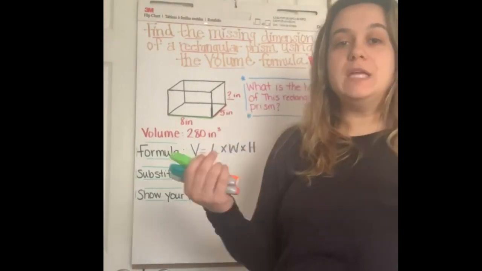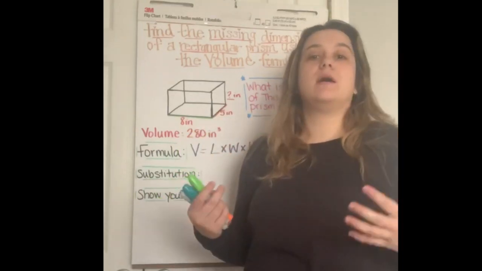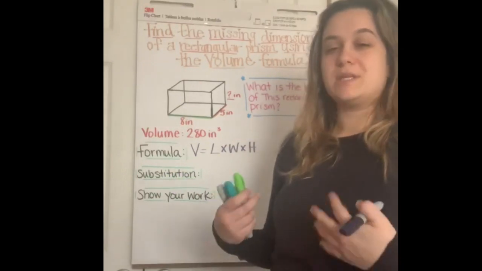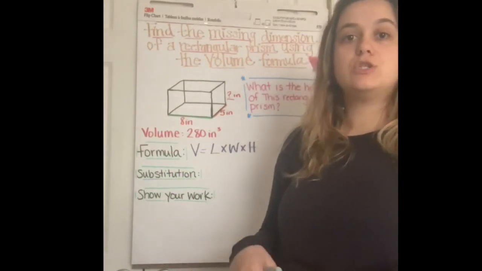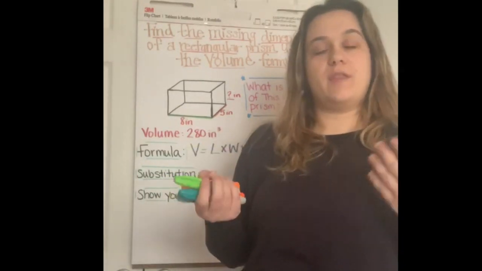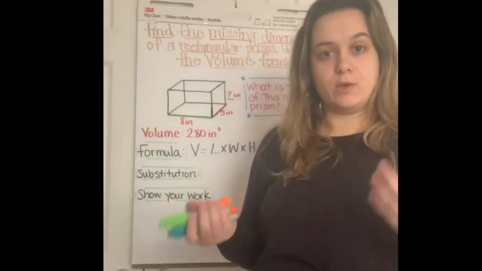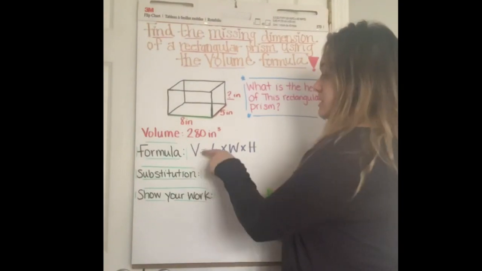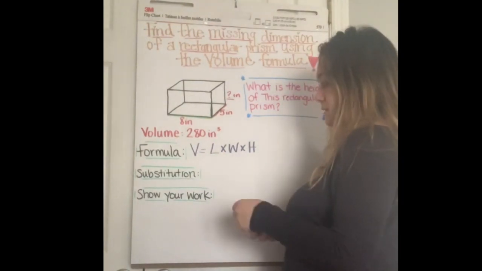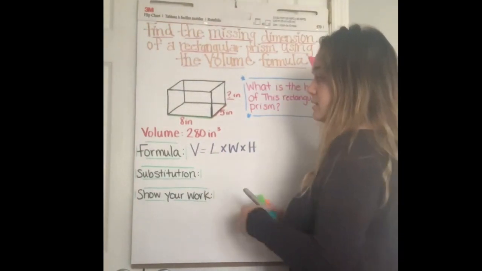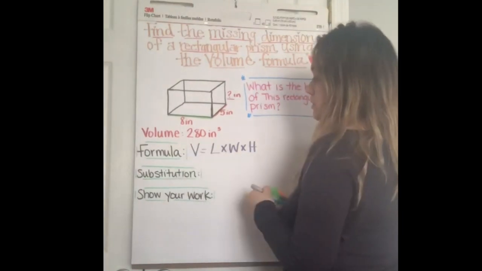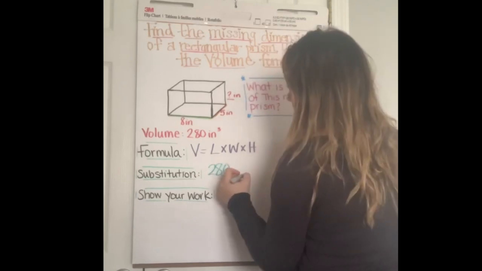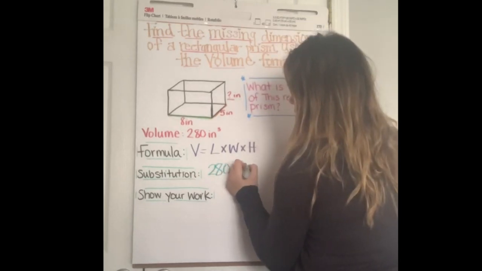Guys, we really need you to think and try to solve this question as if it's an algebraic equation. So let's substitute what we know, and let's solve for the height the way we would solve for an equation in Unit 5. I'm going to substitute my volume, 280 inches cubed.